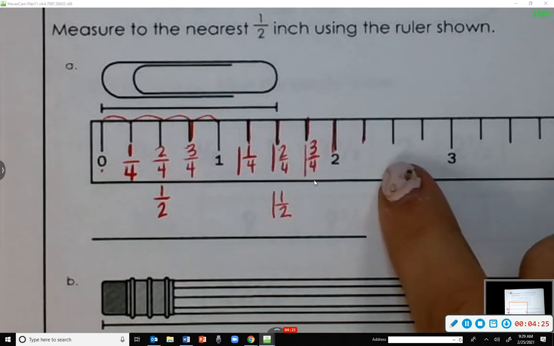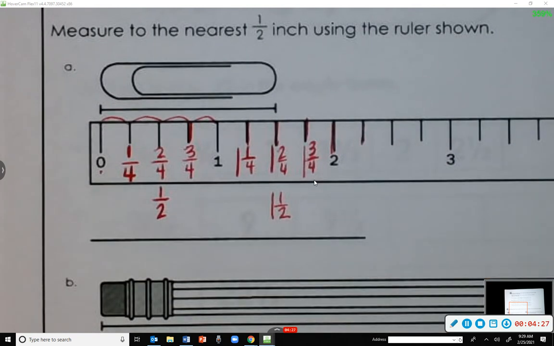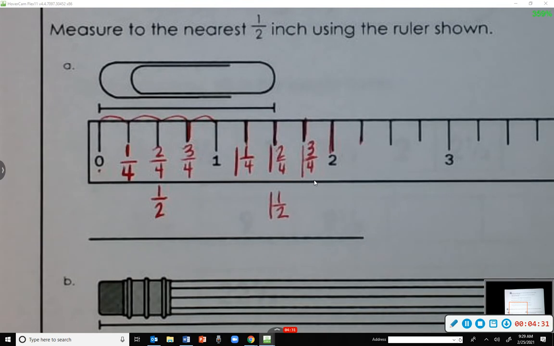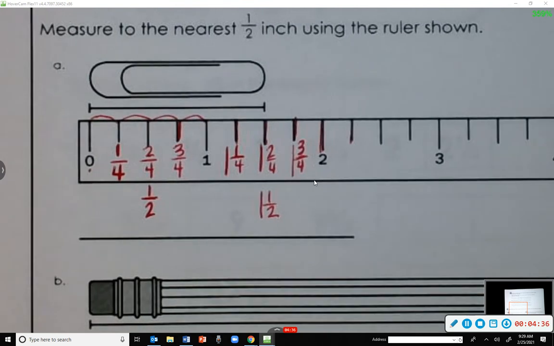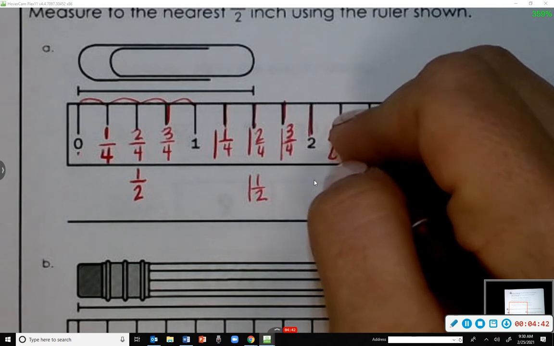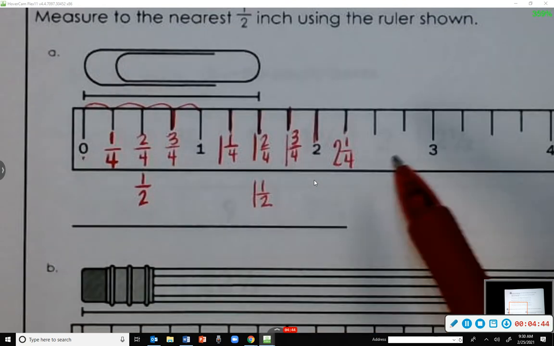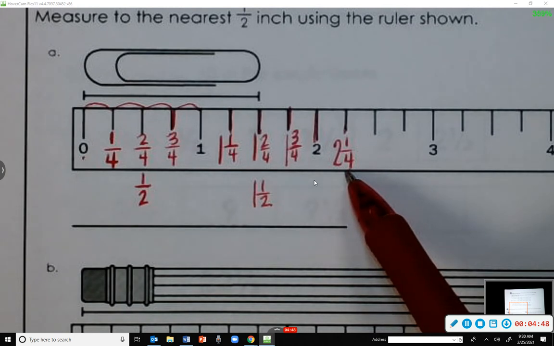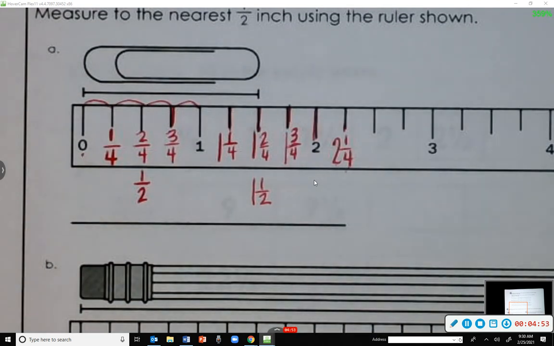Evangeline, what would be right here after the 2? 2 and 1/4. Good. So again, that pattern has started back over with 1/4, 2/4, 3/4. But now, instead of putting a 1 there, we've changed it to a 2.